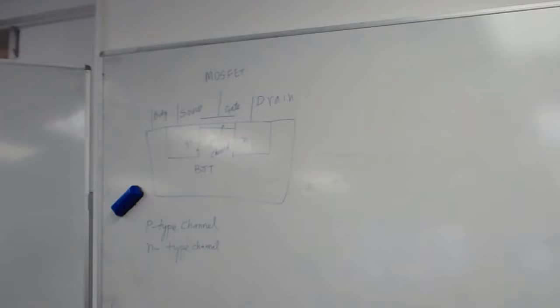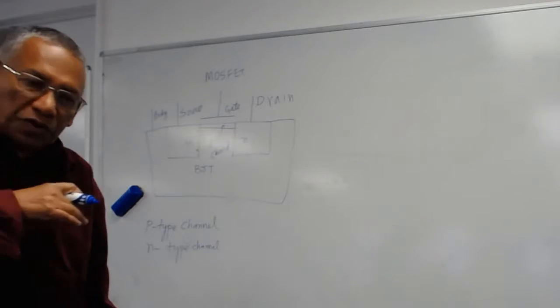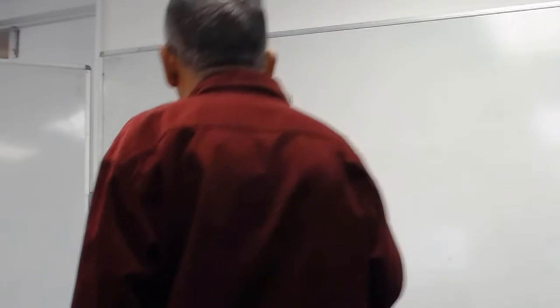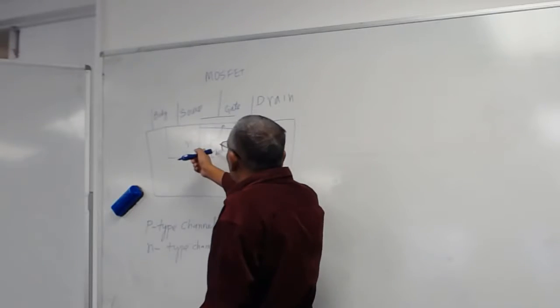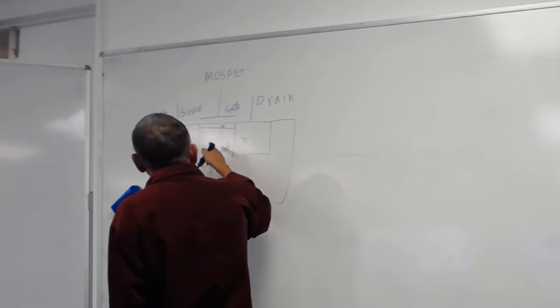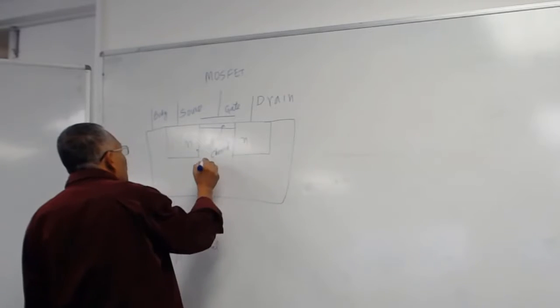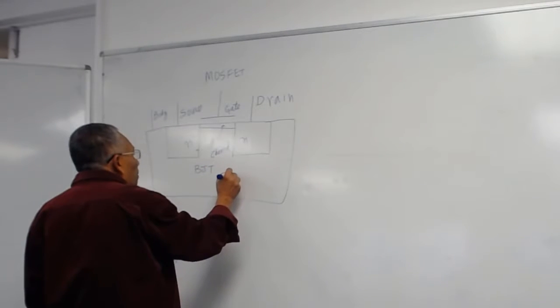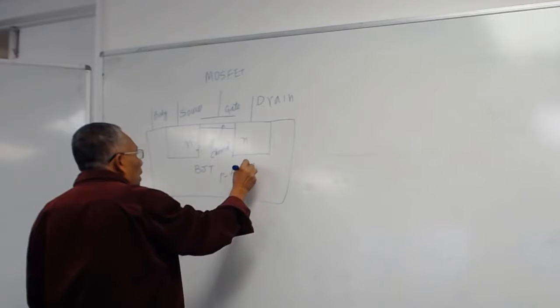That means a channel consisting of holes, or a channel consisting of electrons. So in this case, what do you think the channel is? This is p-type region. This is p-type body. Okay, this is the body.